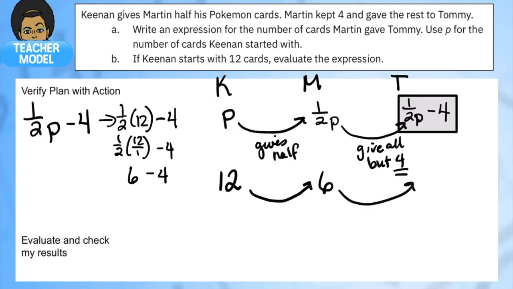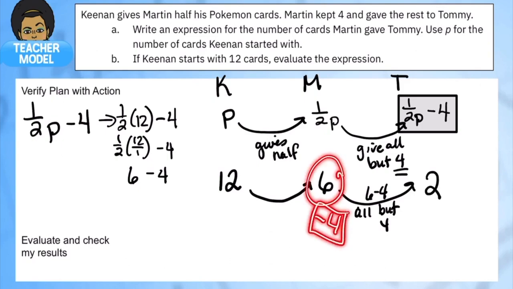So he keeps 4 for himself. So I'm going to do 6 -4. And so he's really giving Tommy 2 and keeping the 4 for himself. So does that make sense, math model? He has 6, he keeps 4, and he gives 2 to Tommy. That would be the same as coming back here, just doing 6 -4 and getting 2. And so this would be what Tommy has.